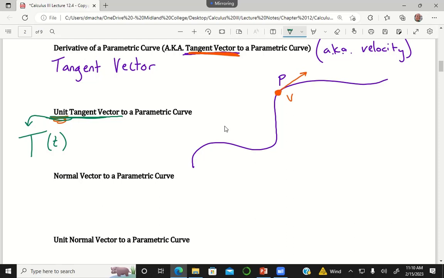And so the unit tangent vector is just going to be the tangent vector, which would be the derivative, divided by the norm of the derivative, right? So whenever you divide by the norm, that just makes sure the magnitude of the vector is 1. And if the magnitude of the vector is 1, that's what we call a unit vector. So the unit tangent vector is just a tangent vector with magnitude 1, and this is the formula.